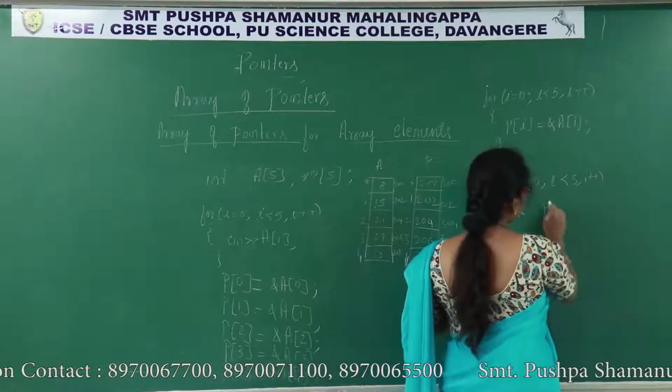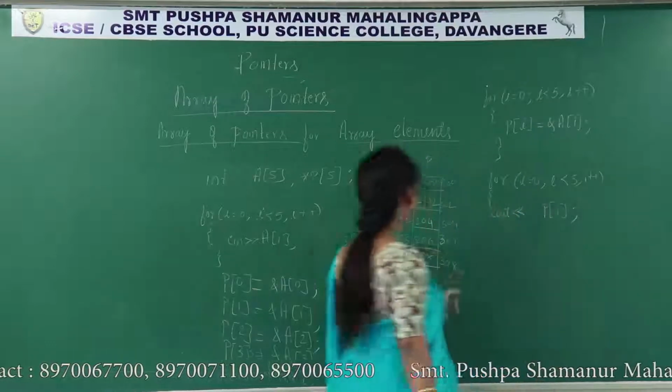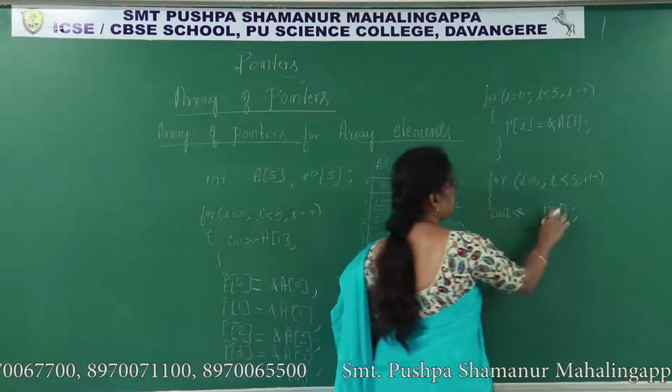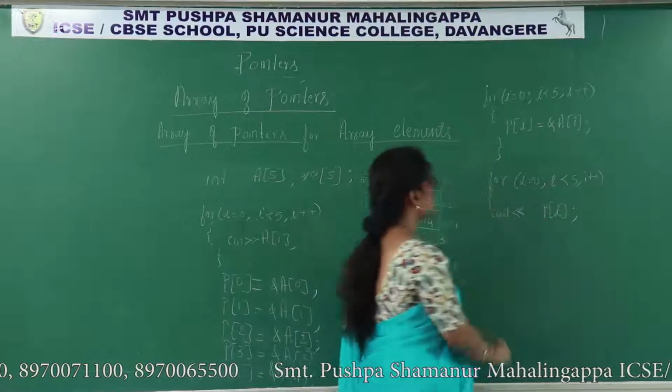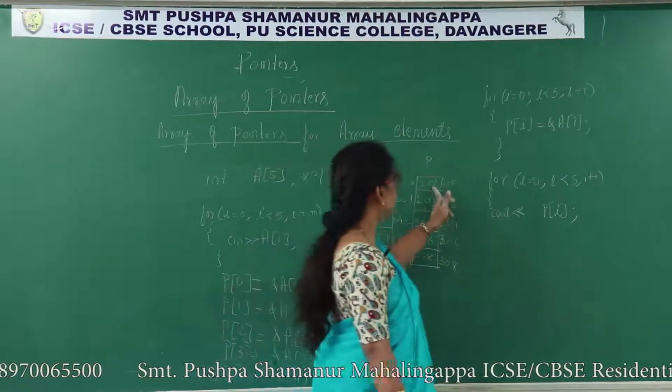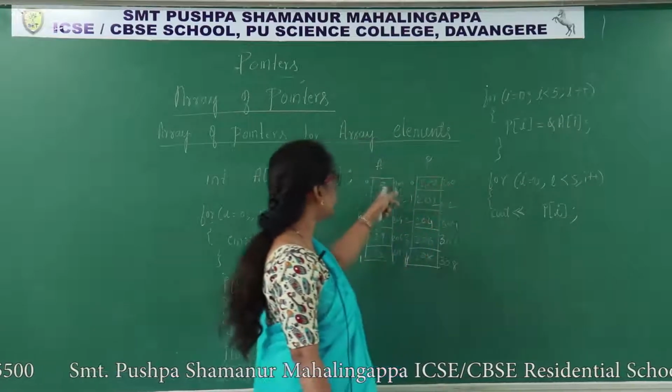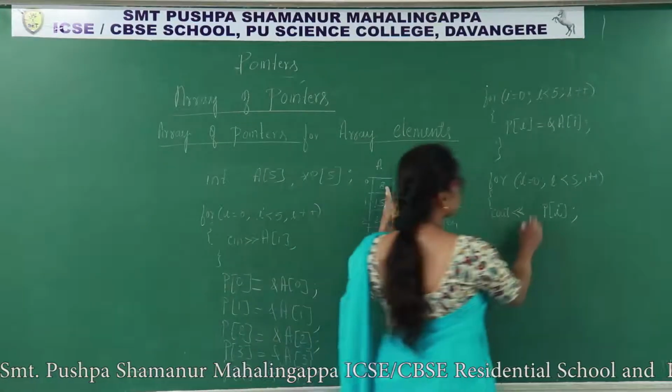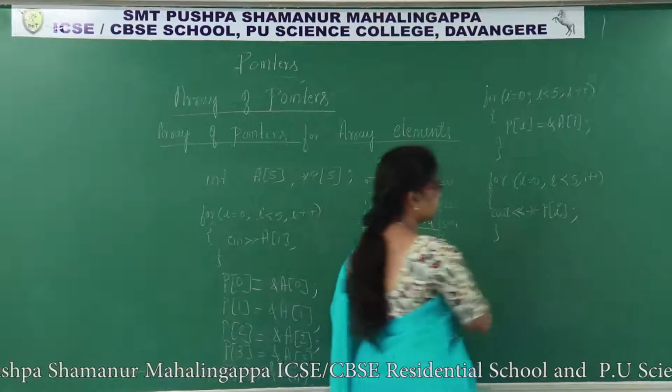If I write P of I, what is there in P of I? At first the I value is 0, P of 0 contains 200. I want to display the content of 200, so I must write the indirection operator here: star P of I.